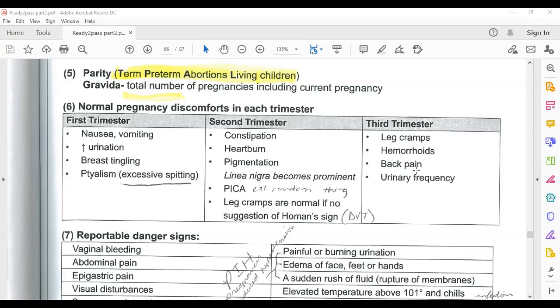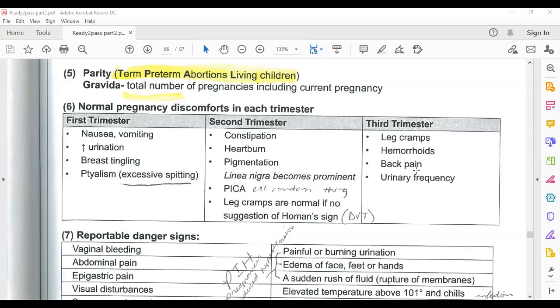For varicose veins, elevate the leg, wear support hose, walk frequently and avoid prolonged standing.